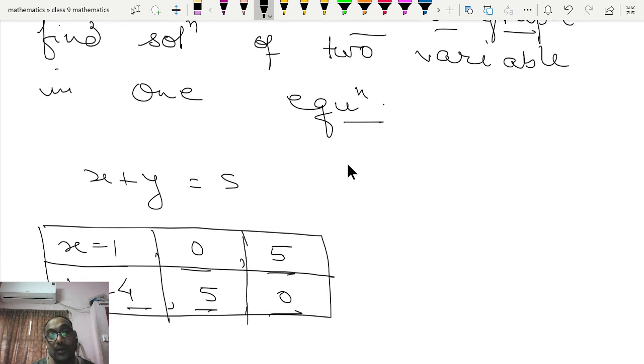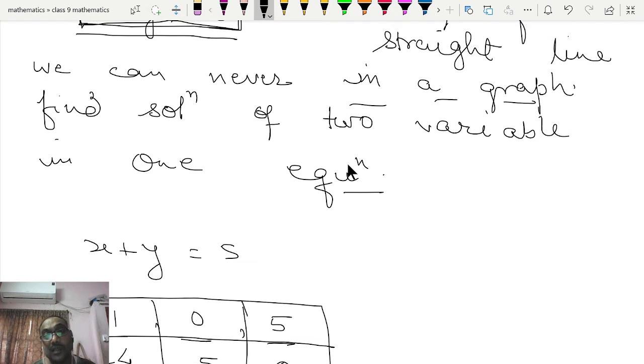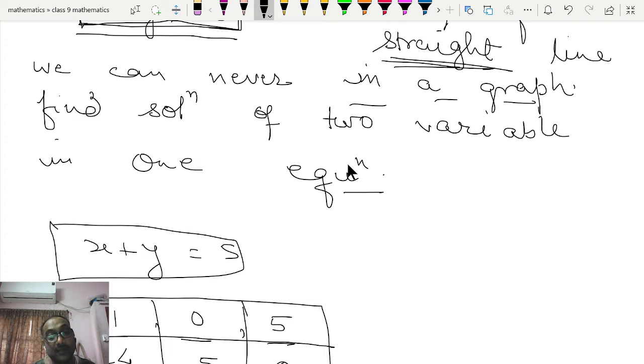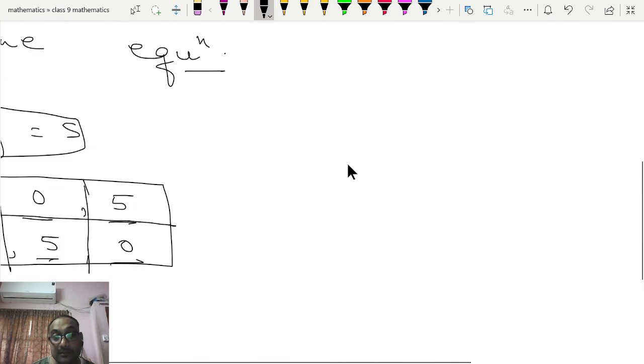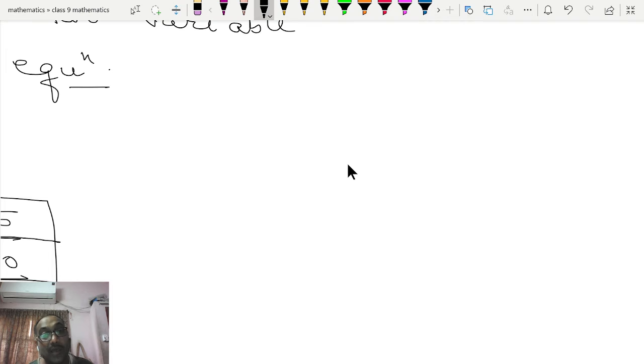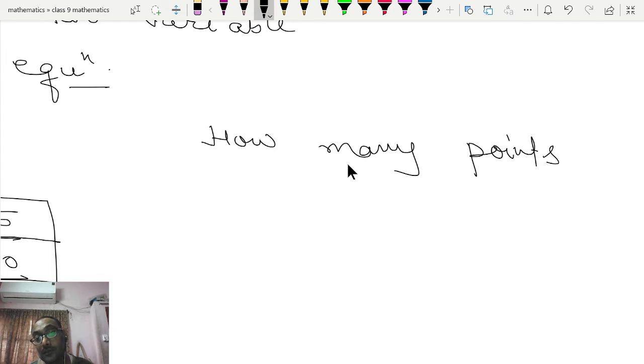What did I say? There is always a straight line you may draw with the help of one equation. It means, how many points are there in a straight line? Who may answer? How many points are there in an equation?